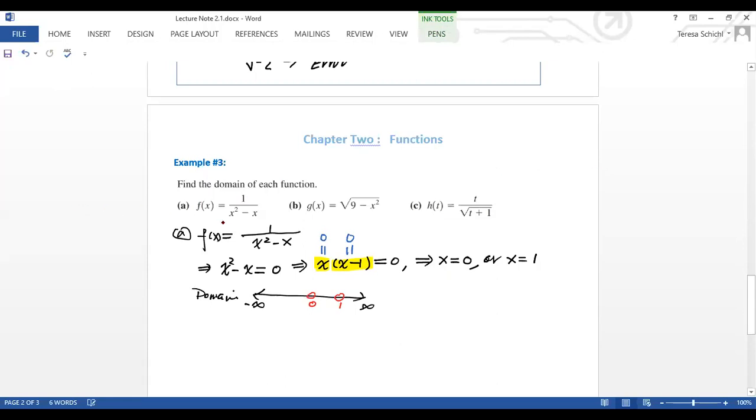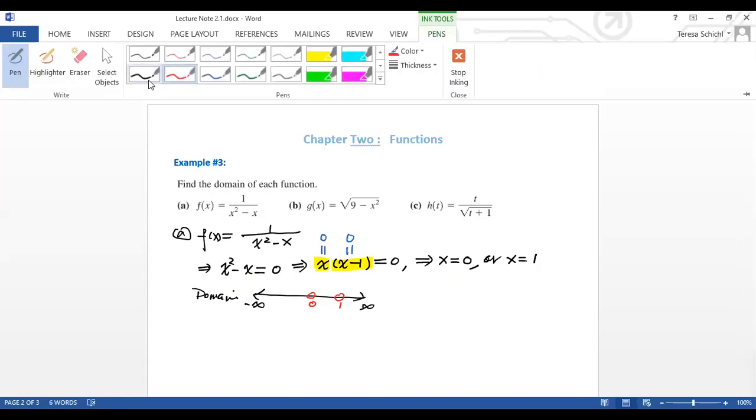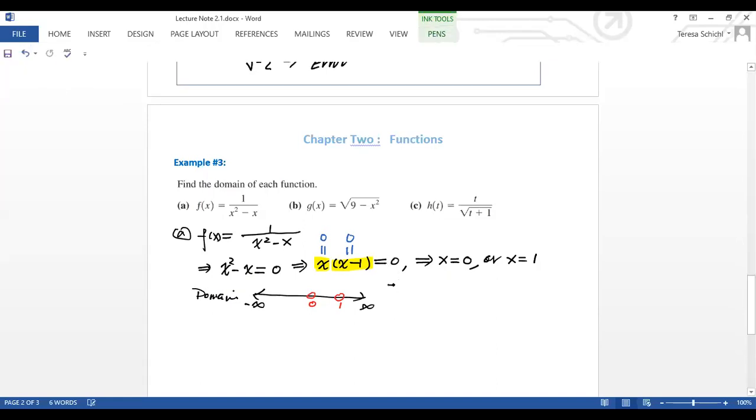So it's the whole real line, but with these two empty points. Okay, so how do I write it in domain format? We'll say it's negative infinity to 0, an open parenthesis because it cannot be 0, and the union, then 0 to 1, then union 1 to infinity, right? That is my domain.